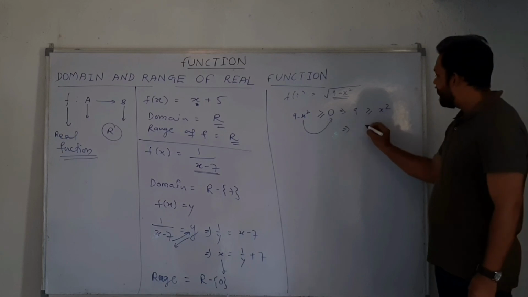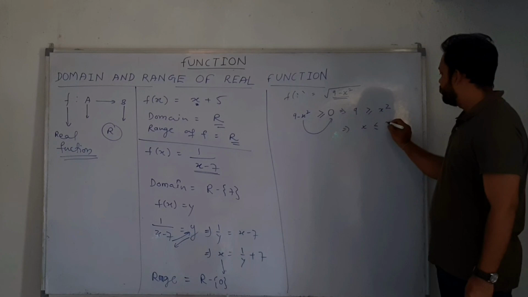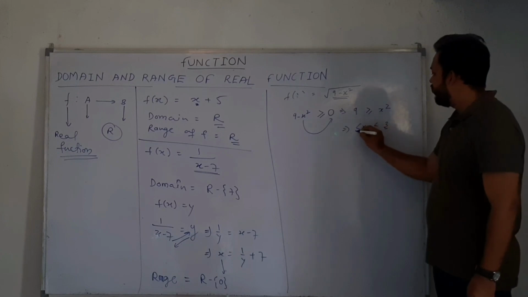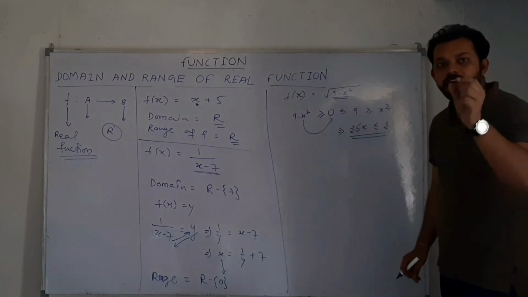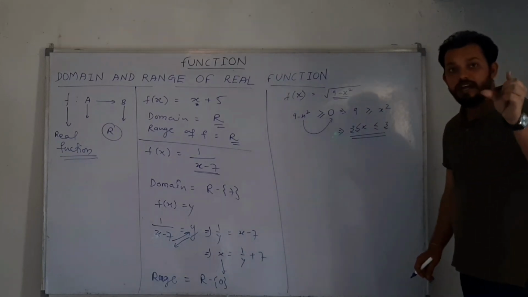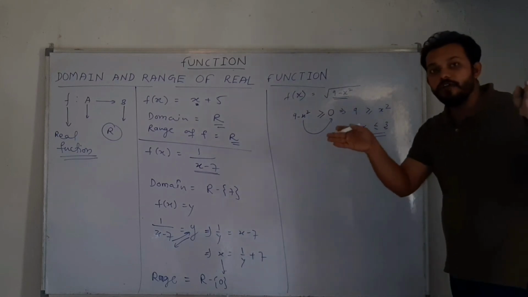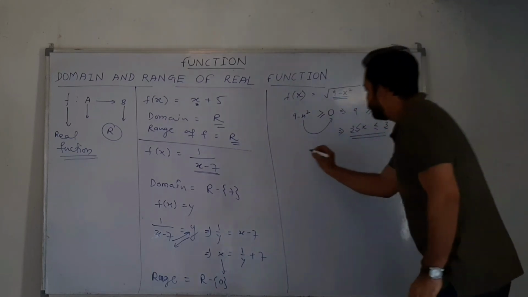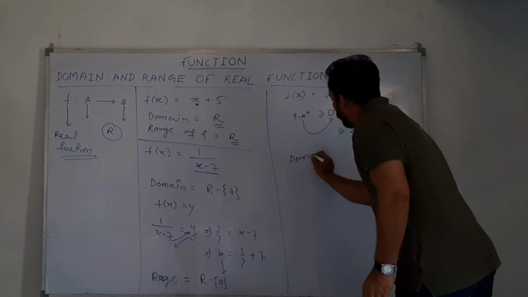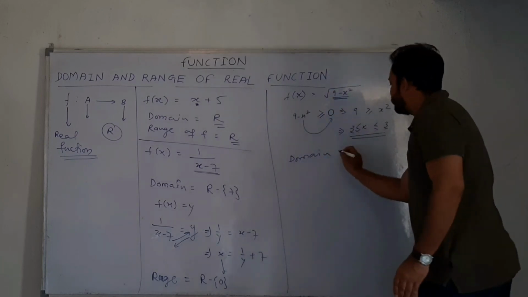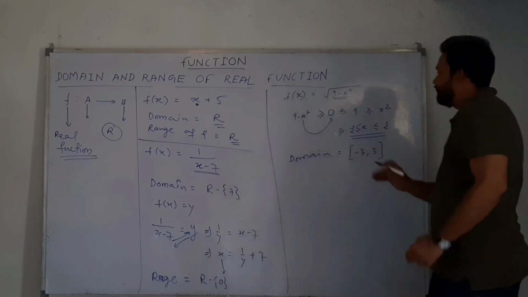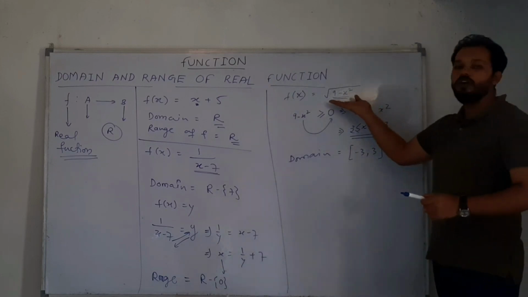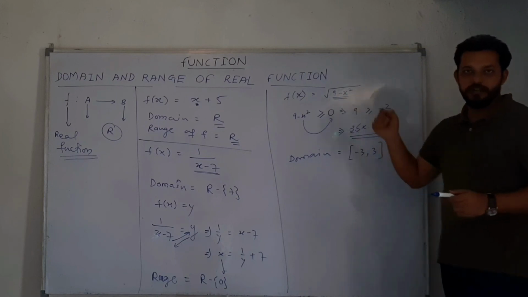So from here we can write x is less than or equal to 3 and greater than or equal to minus 3. Hence we obtain the set of values of x, and that set of values of x is called the domain. Hence we can say that the domain of this function f(x) is from minus 3 to 3. This is how we will find the domain of this kind of function.